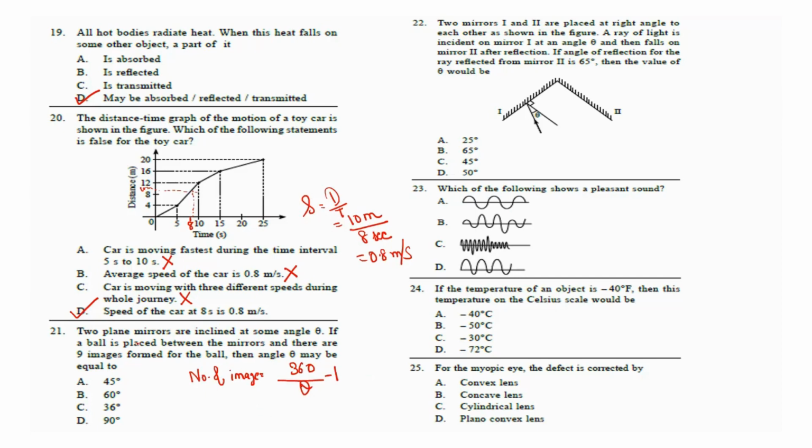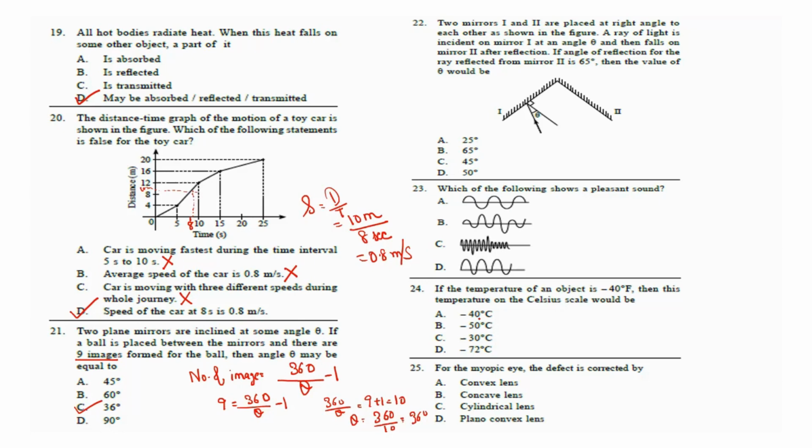So, here number of images they are telling is 9. So, 9 equals 360 by theta, which we have to find out, minus 1. So, 360 by theta is 9 plus 1, that is 10. So, theta is equal to 360 by 10, that is 36 degrees. So, our answer is option number C, that is 36 degrees, right?